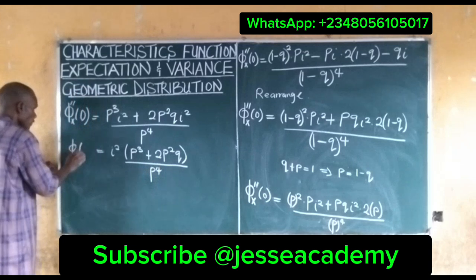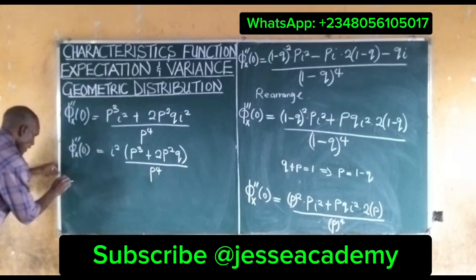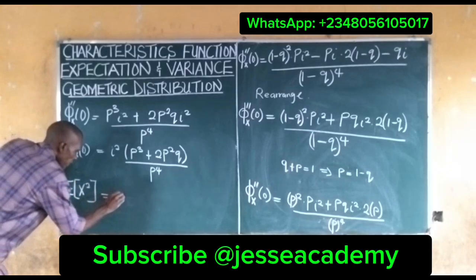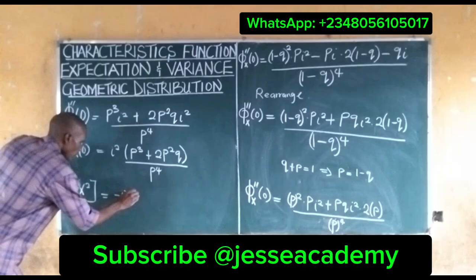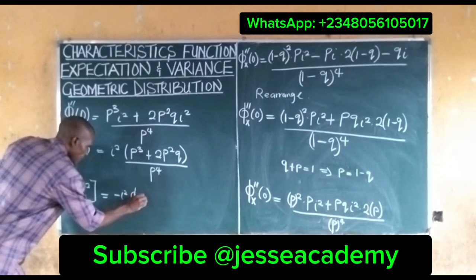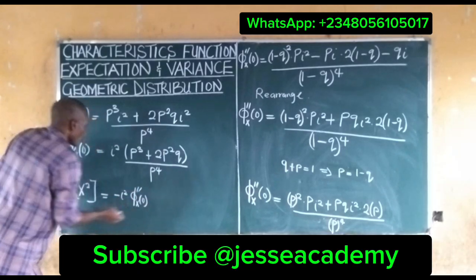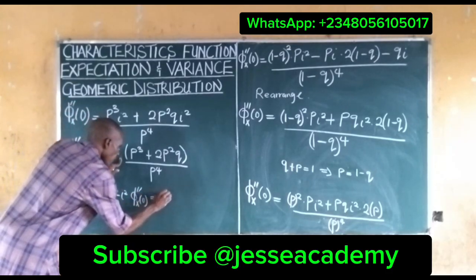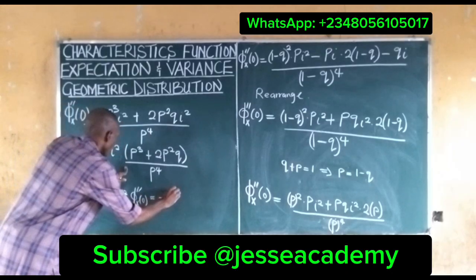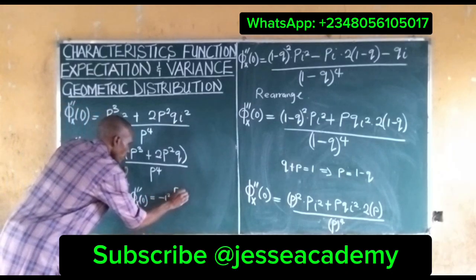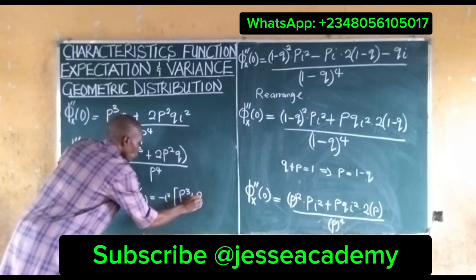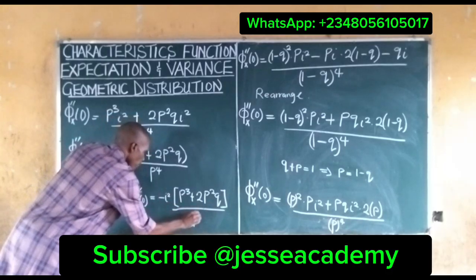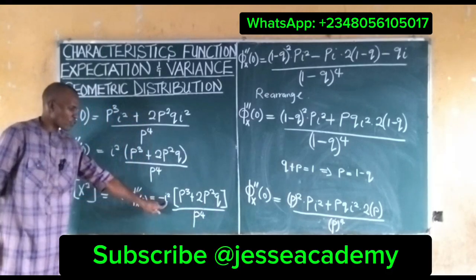Of course, our expected value of x squared, which is equal to negative I squared characteristic function at t equal to 0, we can now write this to be negative I squared into, nothing has changed, we have p3 plus 2p squared all over p4. So we have to resolve this.